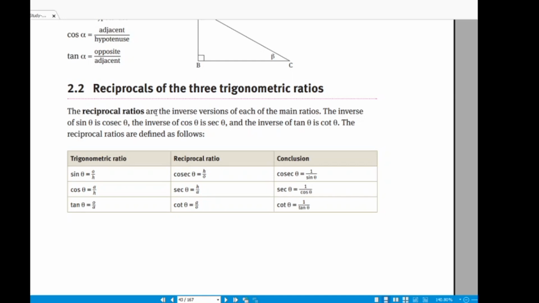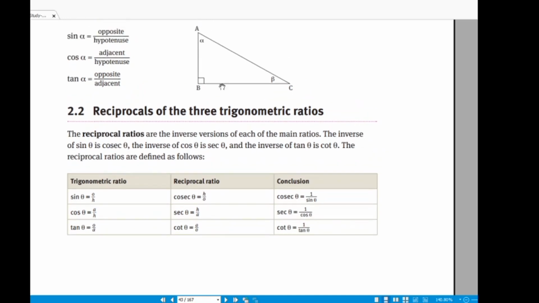The reciprocal ratios are the inverse versions of each of the main ratios. So the reciprocal of sine alpha will be the inverse of sine alpha. The reciprocal of cos alpha will be the inverse of cos alpha. The same applies for tan. So the inverse of sine is cos.